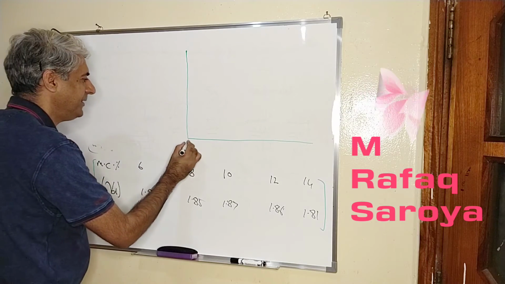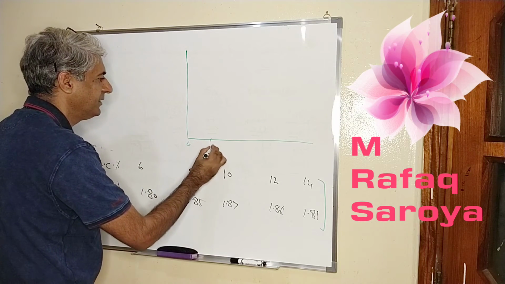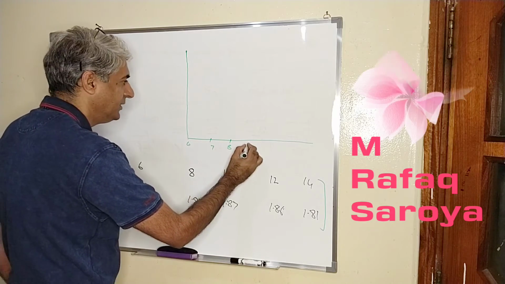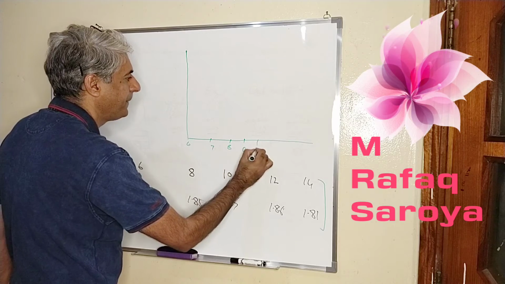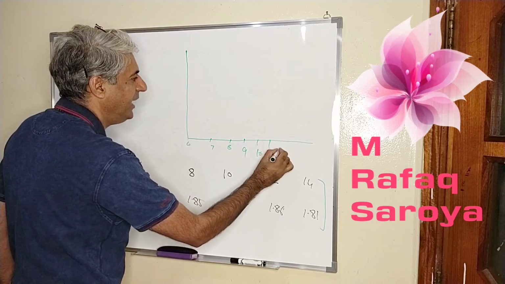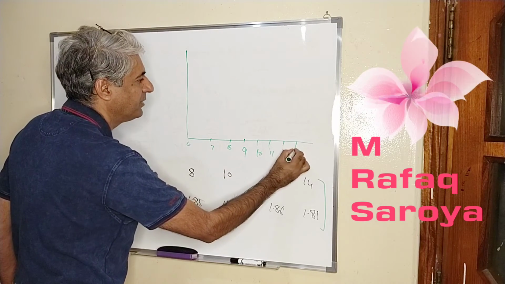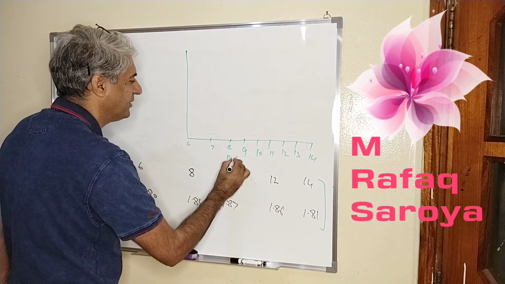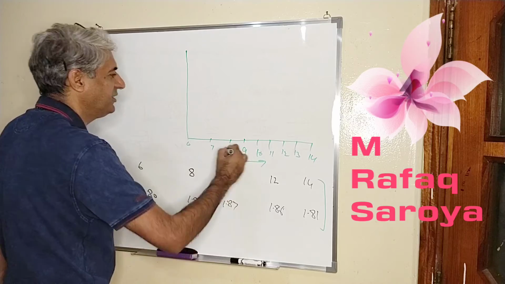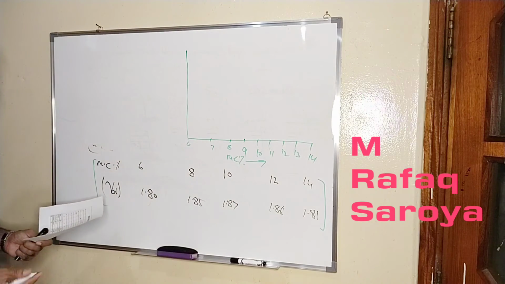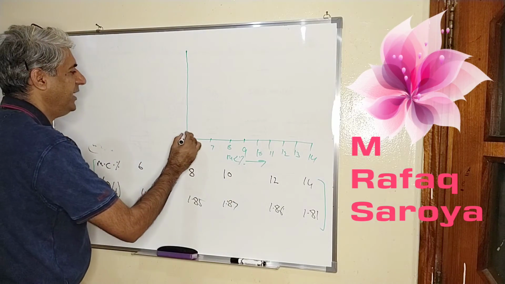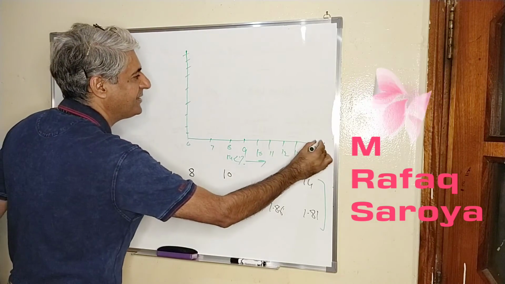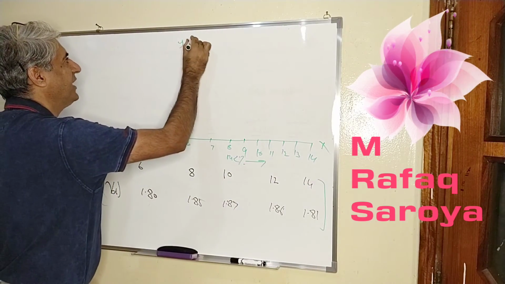Along the x-axis, 6, 7, 8, 9, 10, 11, 12, 13 and 14. This is the moisture content percentage going in this direction. This is known as the x-axis and this is known as your y-axis.